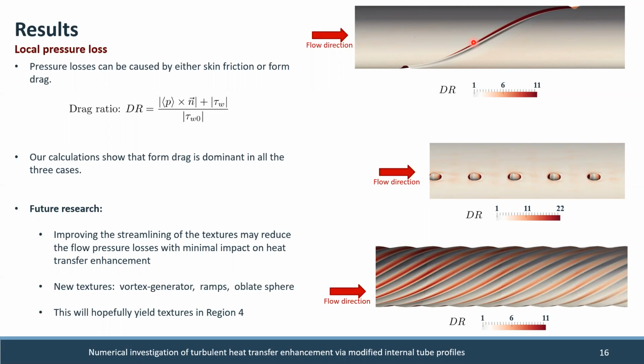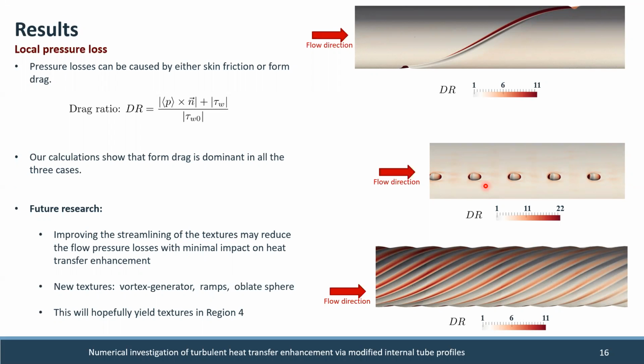To sum up, improving the streamlining of the textures may reduce the flow pressure losses with minimal impact on heat transfer enhancement. For the dimple case, if we can change the geometry in a way that we decrease the pressure loss here on the crest and on the tail of the dimples, it will be really helpful.